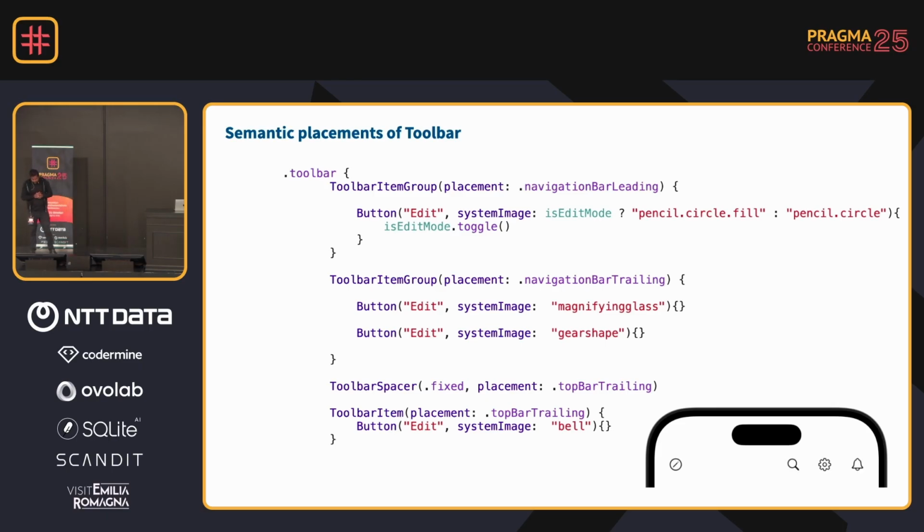It might not look really good on the screen, but you need to use the tab bar spacer to segregate the content, right? Do not mix everything together unless it has a specific action with it. If not, always try to use the tab bar group items and the tab bar spacers.